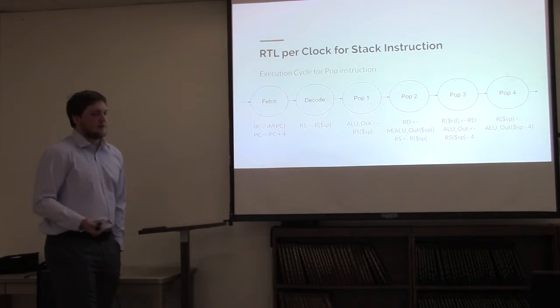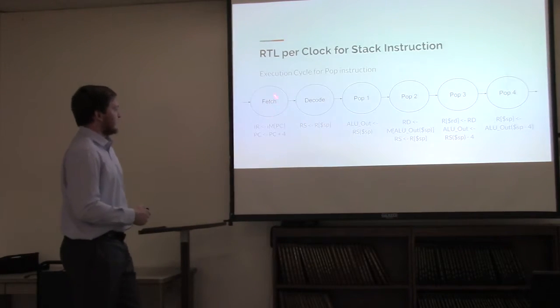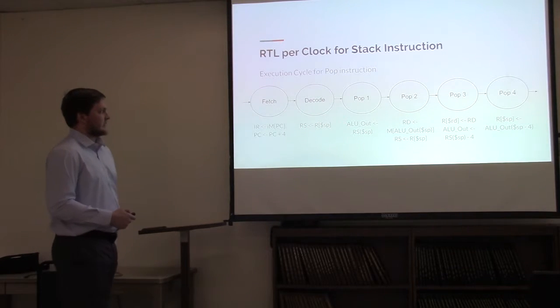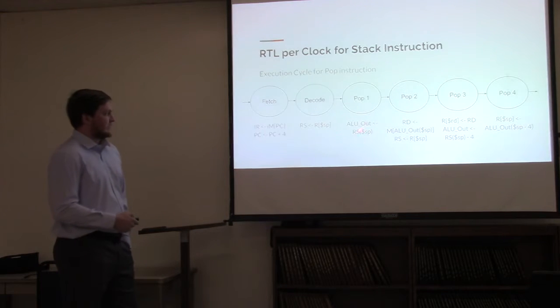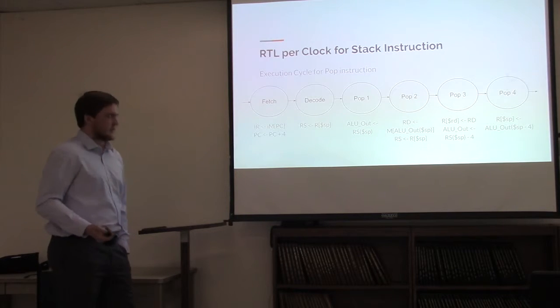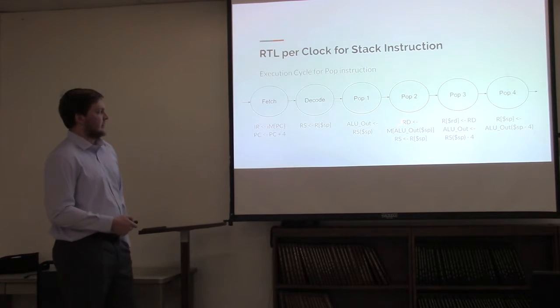And then for the pop, similarly, we fetch, and decode only needs to load the stack pointer into RS. Our first stage loads ALU out with our stack pointer because we're doing a post decrement on this one.